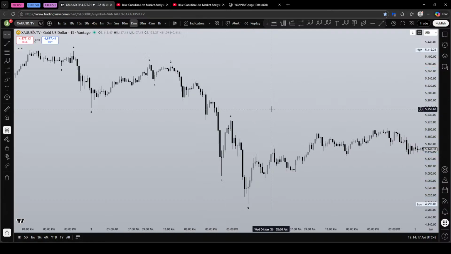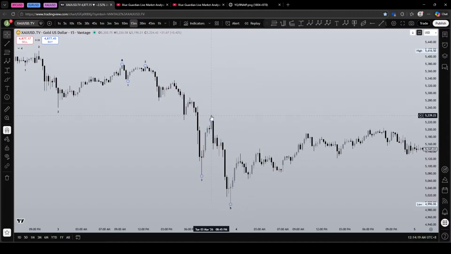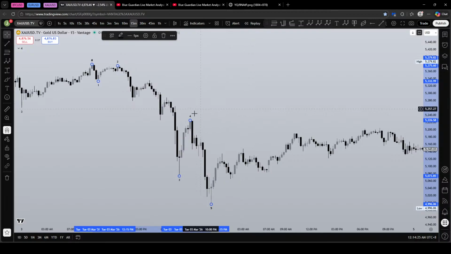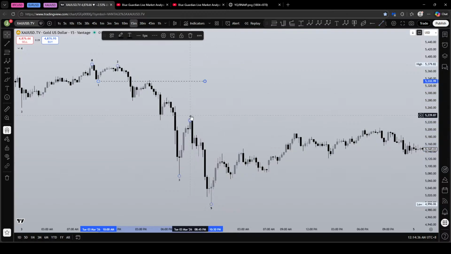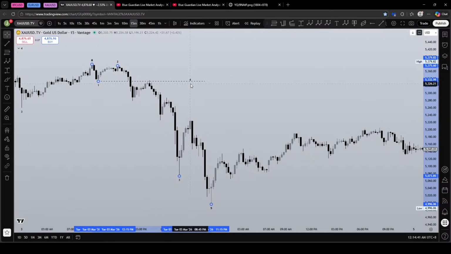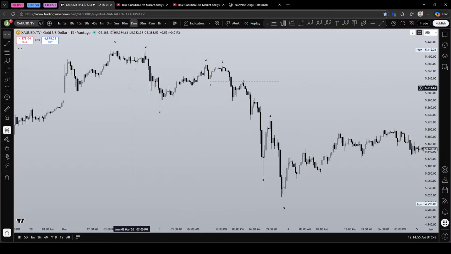However, although it looks correct, let us apply the third cardinal rule of Elliott wave theory, wherein wave 4 must not go beyond the territory of wave 1. So if the territory of wave 1 is here, then wave 4 price should not go beyond that, or else it will violate the cardinal rule, which is that wave 4 must not overlap the territory of wave 1.